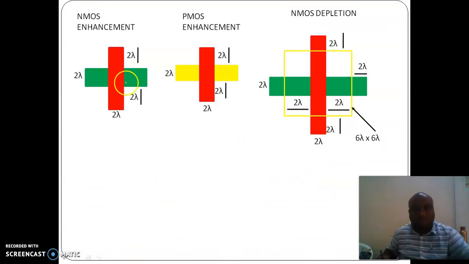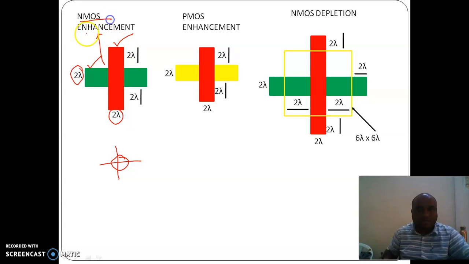Coming to the transistor representations, as mentioned in our previous topic on stick diagrams, a polysilicon overlapped with a diffusion represents a transistor. Here, the red color is polysilicon and the green color is N diffusion, with diffusion 2 lambda wide and polysilicon 2 lambda wide. This overlap makes an NMOS enhancement mode transistor.